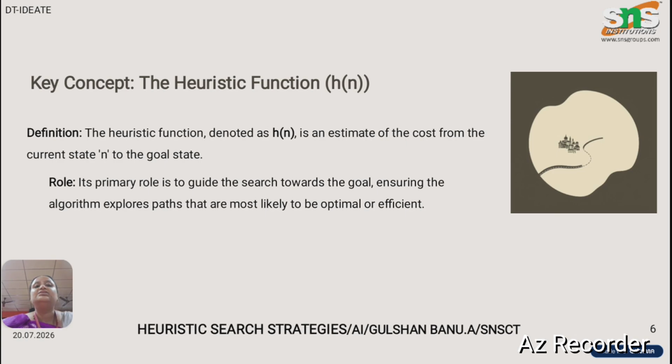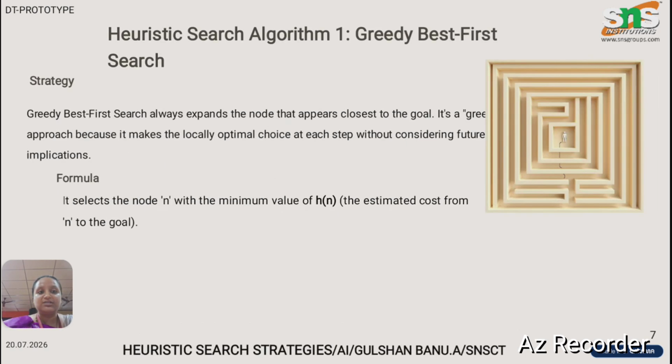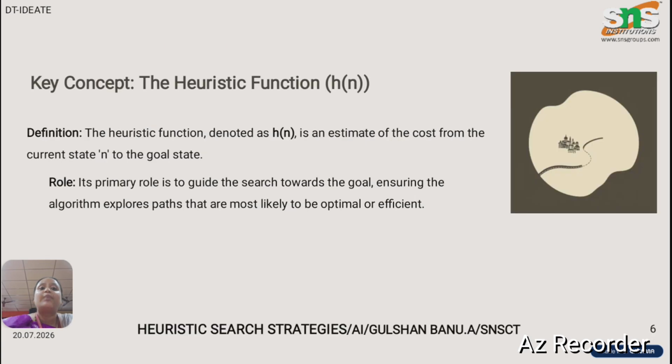The primary role is to find the goal state. It evolves different kinds of algorithms and explores different kinds of paths, and from those paths it evaluates the optimal value. So this is the key concept of the heuristic function, denoted by h of n.